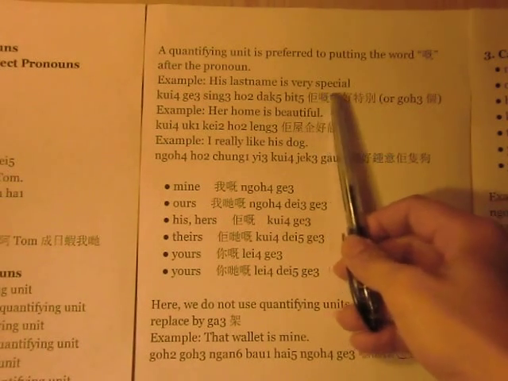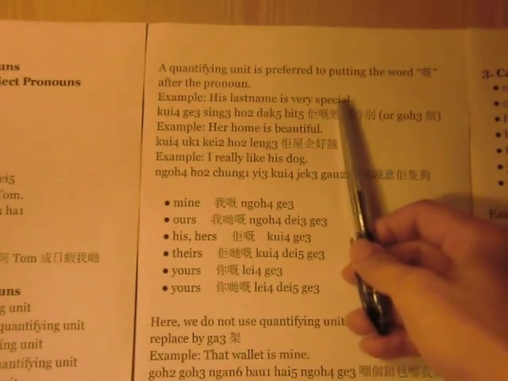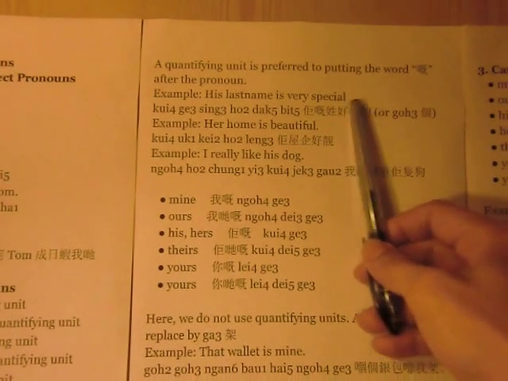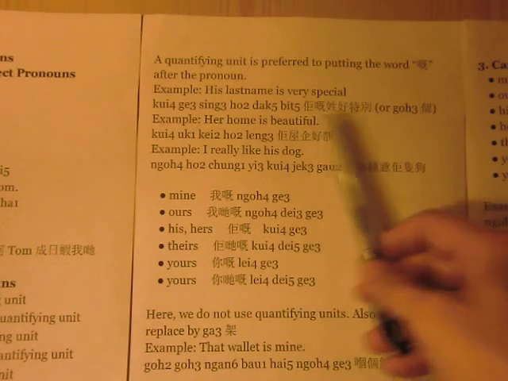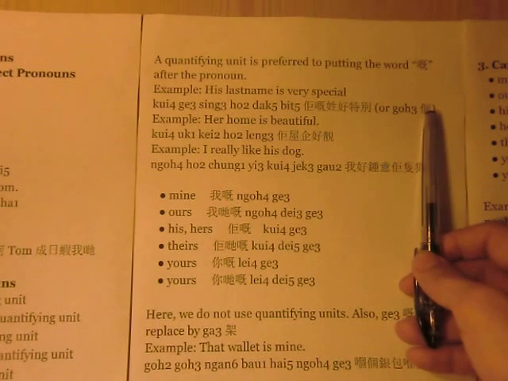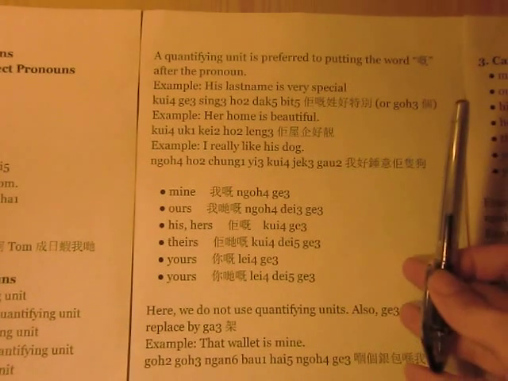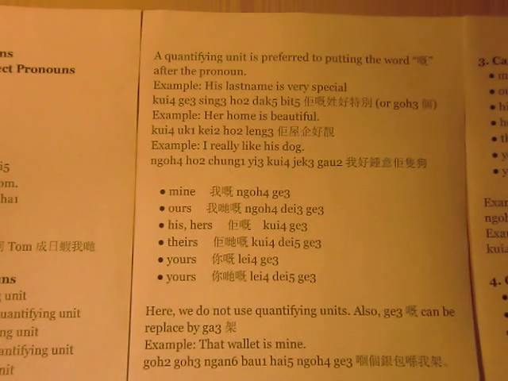Right? 佢嘅姓, his last name, very special. Or in this case, ge can be replaced by the quantifying unit 個. Okay? But 佢嘅姓 is okay. 個 is also okay in this case.